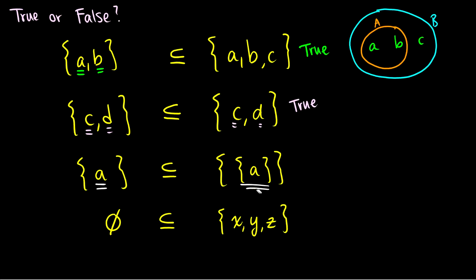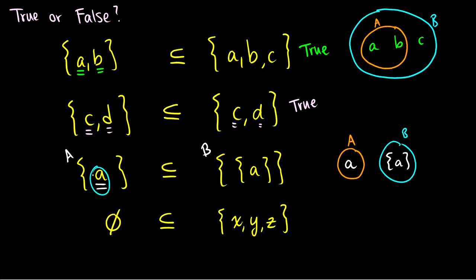And the answer here is no. So if I were to list out all the elements, really I have A on the left, and on the right I have the set containing A. Now, A, little a, is in our set A, while the set containing A is in B. So we can see A is not in B. A is not a subset of B. We don't see A anywhere in B. We just see the set containing A. Okay, so no, this is false. This is not the case. So what we could say is we just stick a line through it, and that means that is not a subset.